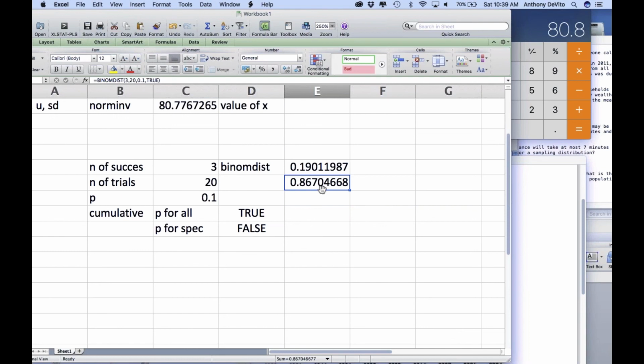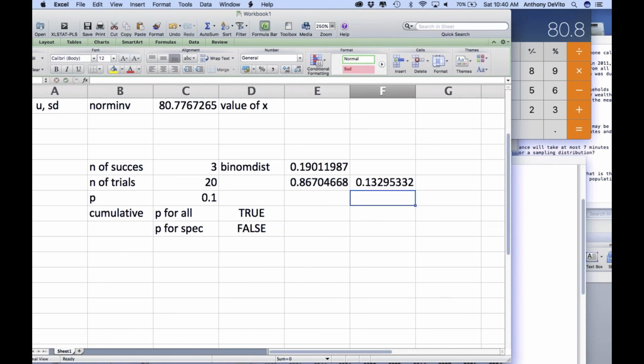Okay, so now let's say I twist this a little bit and I say, what's the probability that you would get more than 3 people that have this condition? Well, I know, having done this for 3, 2, 0, and 1, that the probability of having 3 or fewer is 87% roughly. What's left? The probability that's left is the probability of getting a sample of 20 and having more than 3: 4, 5, 6, 7, 8. That's going to be equal to just 1 minus the probability for 3 or less.